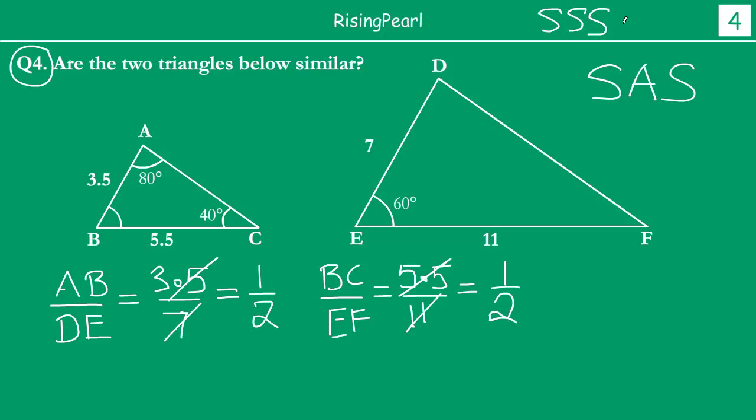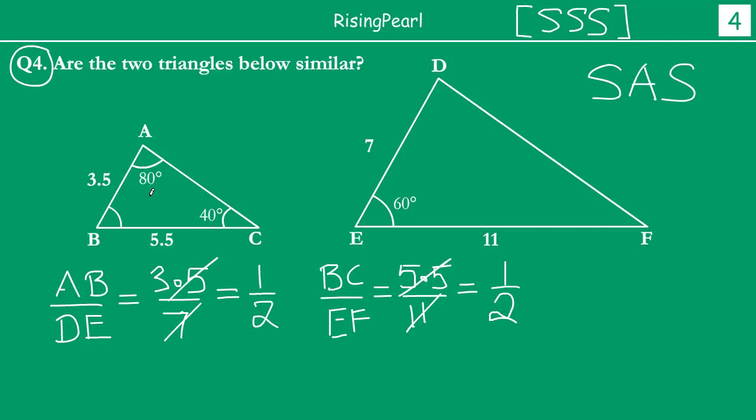That is side, side, side. All the sides had the same ratio. So in this case, friends, we have proved that AB by DE is equal to BC by EF.